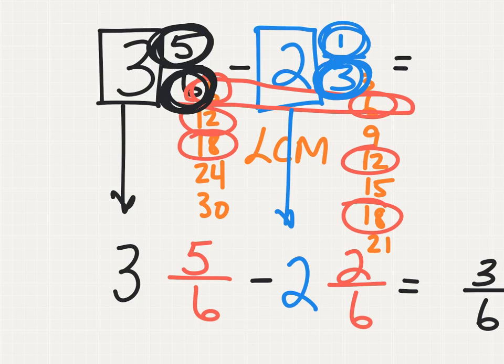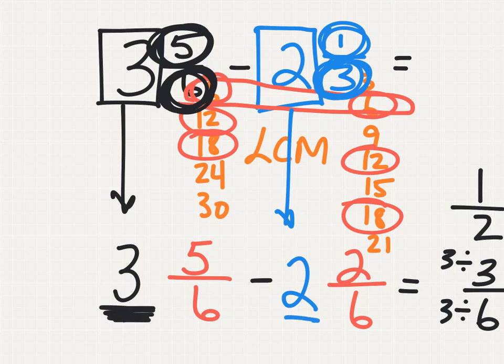We can divide 3 and 6 by 3. 3 divided by 3 is 1, while 6 divided by 3 is 2. And now when we subtract our whole numbers, 3 minus 2 is 1. So our solution, 3 and 5/6 minus 2 and 1/3, has a difference of 1 and 1/2.